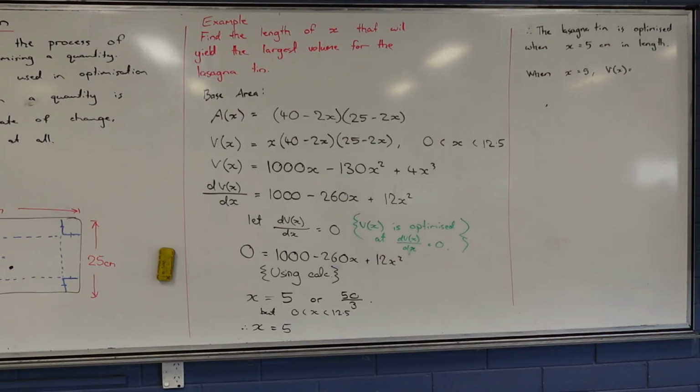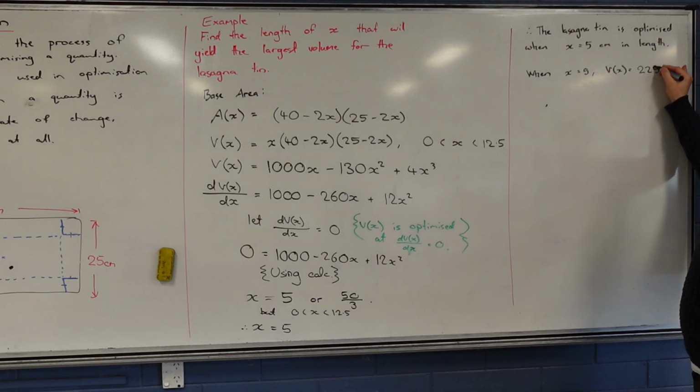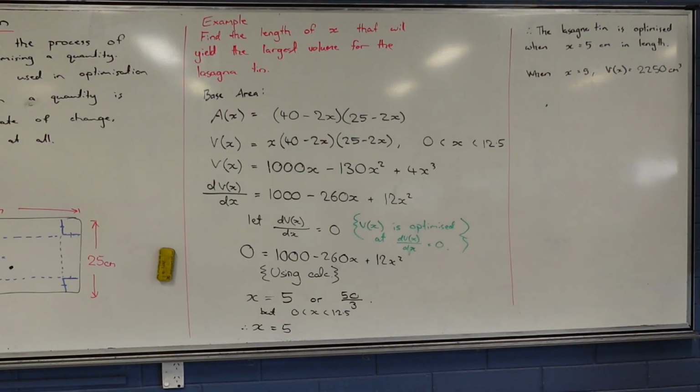You need the x out the front. I should, but I'll just put it at the back because I forgot. And that will give you 2,250 centimeters cubed.